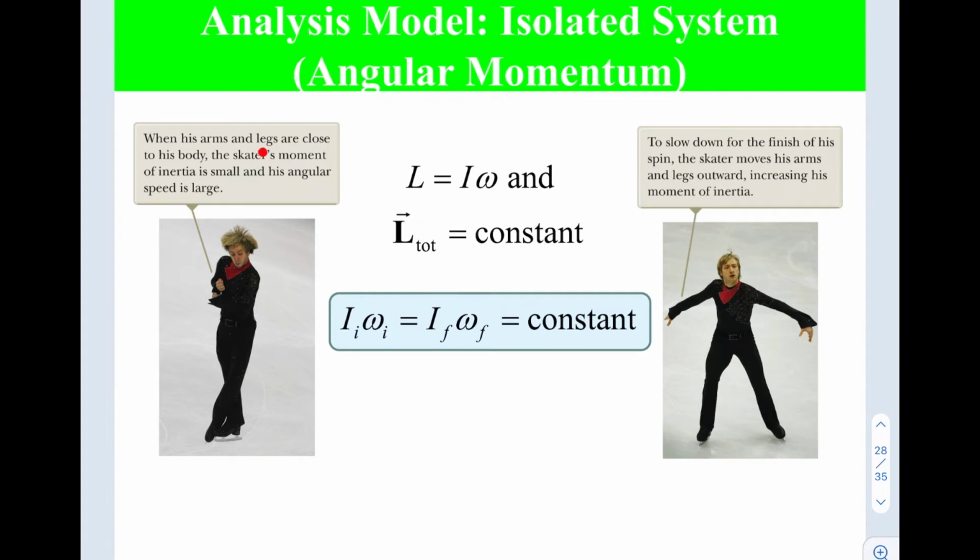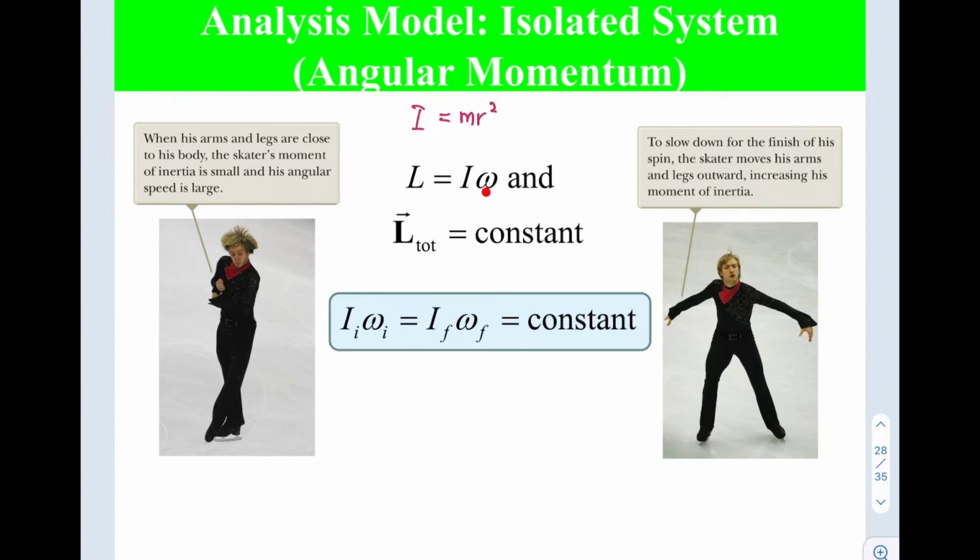Let's take a look at this ice skater. When his arms and legs are close to his body, the skater's moment of inertia is small. Here, I will be smaller because I is defined as m r squared. So whenever the arms and legs are brought close to the body of the skater, the R will be reduced, so the I will be reduced.